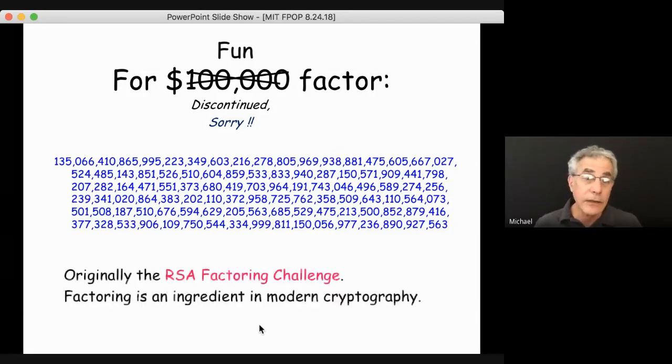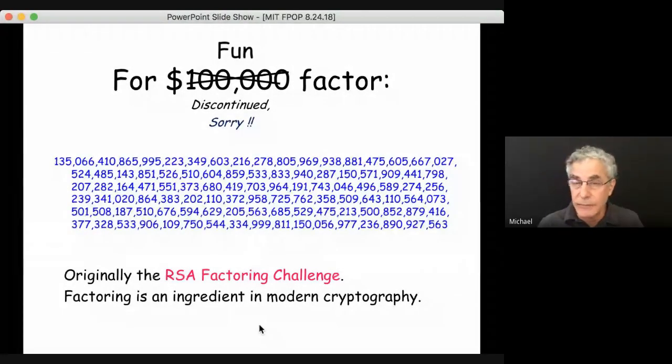And the RSA company, actually, at the time, was offering money to understand how easy or hard it might be to factor big numbers, because the security of the RSA code relied on the difficulty of factoring numbers. So if someone out there found a way of factoring big numbers quickly, that would break the code. So they were trying to keep their finger on the pulse of factorization by offering bounties for people who could factor big numbers.